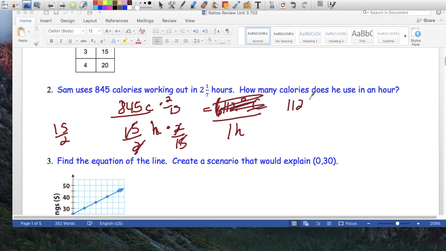So let me rewrite this. It's going to be 112 2/3 over 1 hour, 112 calories per hour, which doesn't seem right. Oh, wait, well, no, 113. No, it doesn't seem right as well. No, it's right. No, wait. Hang on a second.